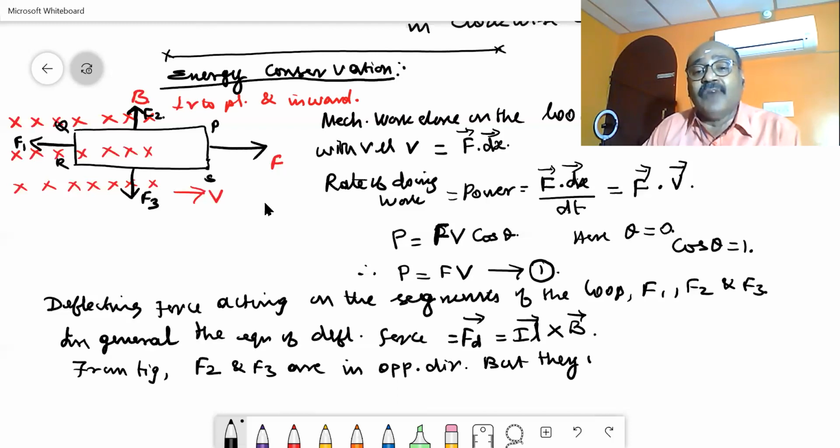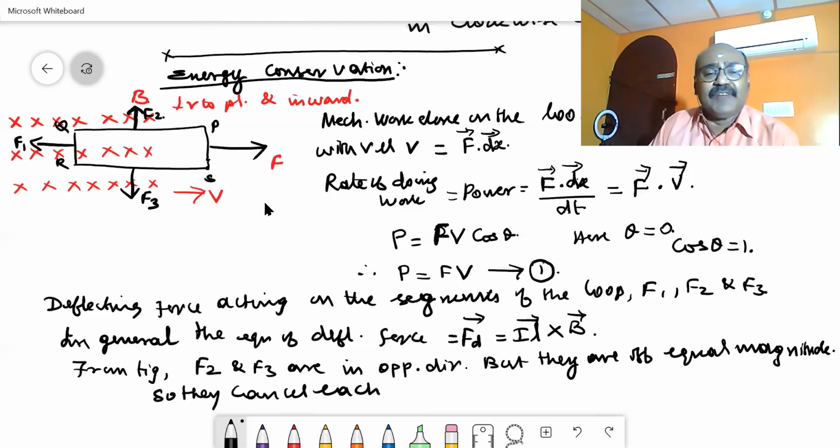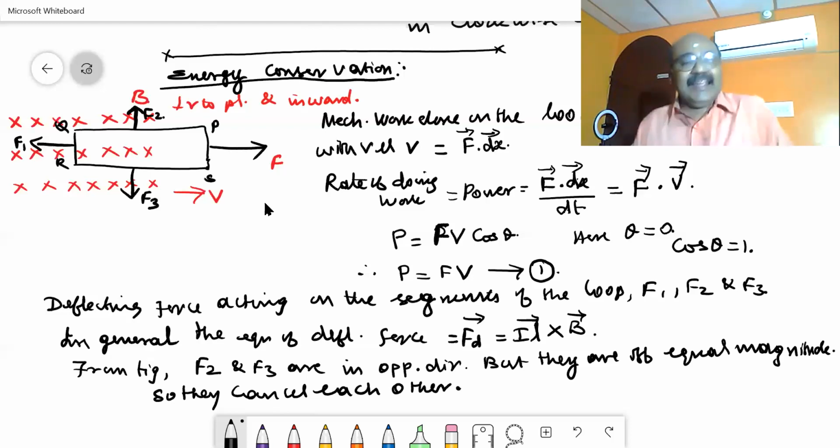So the deflecting forces F2 and F3, which are equal in magnitude and opposite in direction, cancel each other. So there is no deflecting force on the sides PQ and RS, because the deflecting force on one side is equal and opposite to that on the other side.